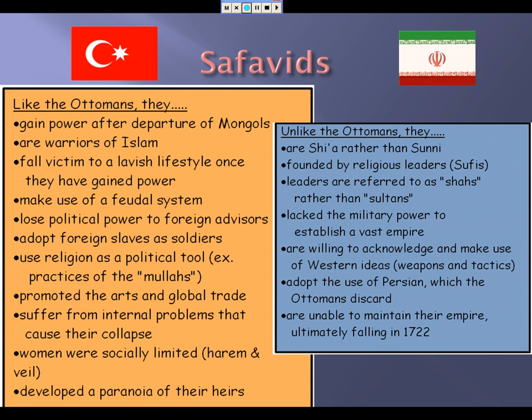So, pretty similar, right? Kind of amazingly so. There's a few significant differences, though. Like your reading quiz talked about, the Safavids were predominantly Shia, unlike the Ottomans, who were Sunni.